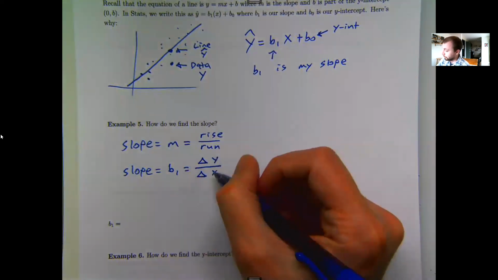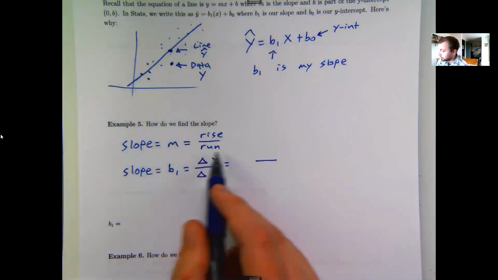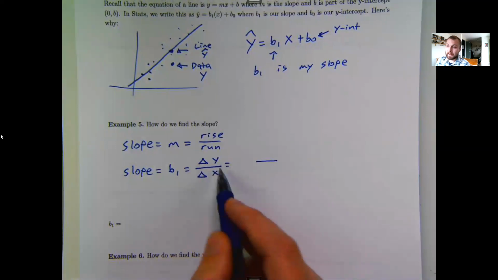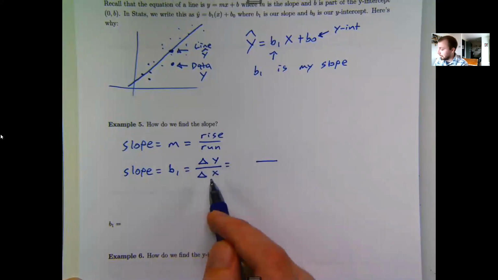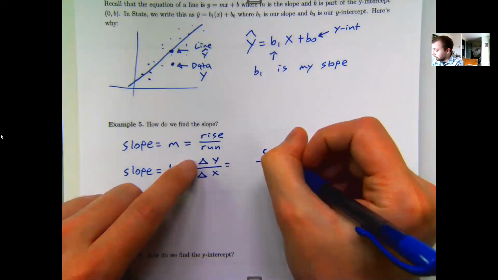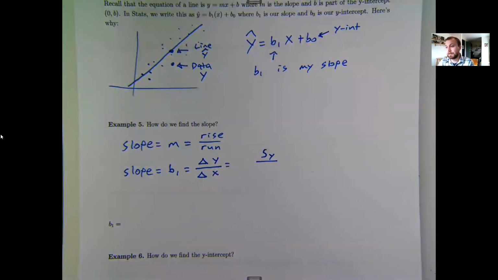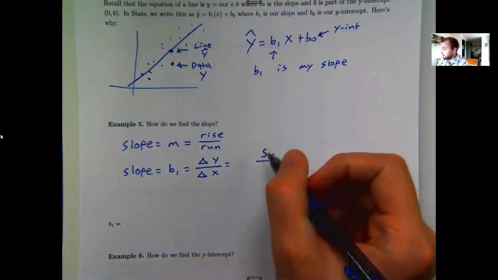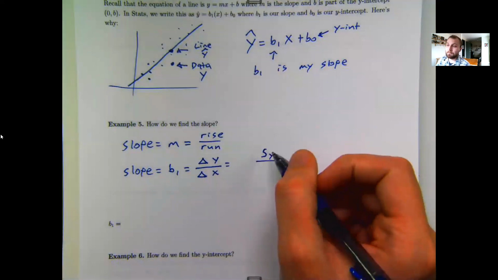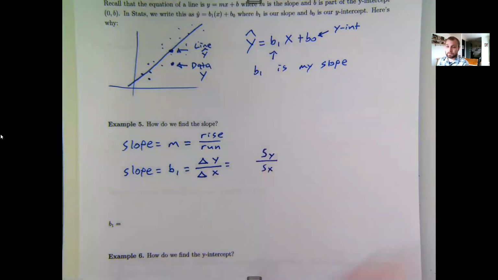My rise over my run. So this is asking, how do my y values deviate and how do my x values deviate? And I answer that by looking at the standard deviation for that y value list. I do value minus center squared, I add those things up, I divide it by n minus 1. That should give me my variance. Taking the square root, I have my standard deviation. Standard deviation for x values, that's how my x values change.